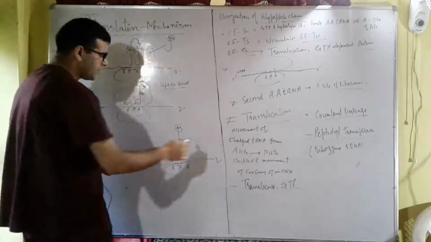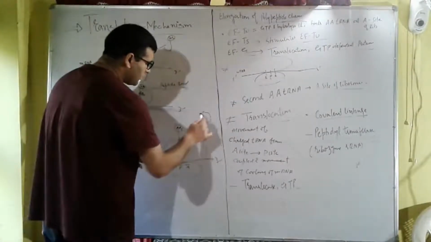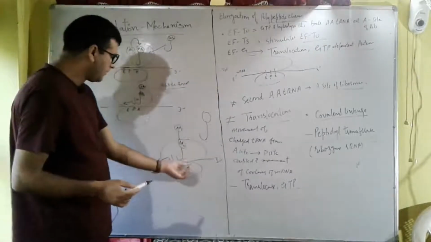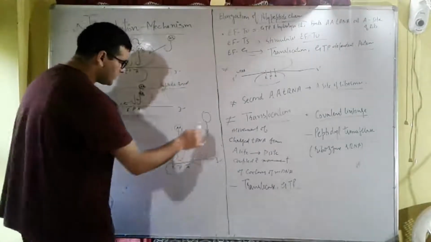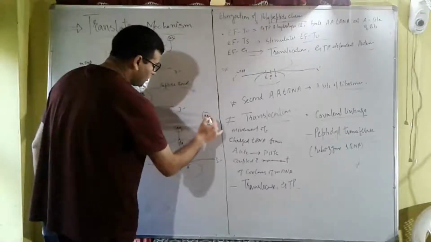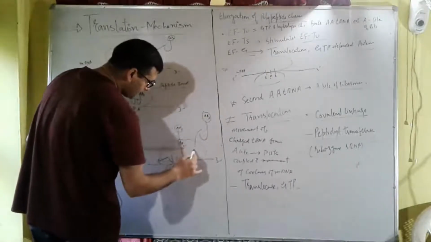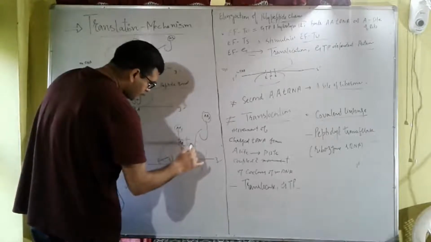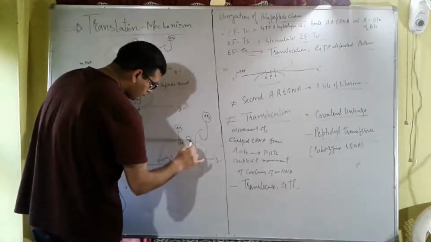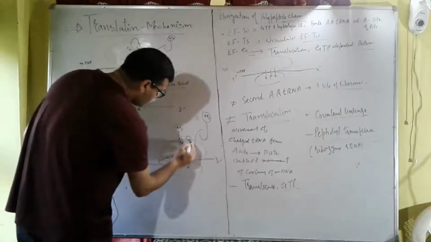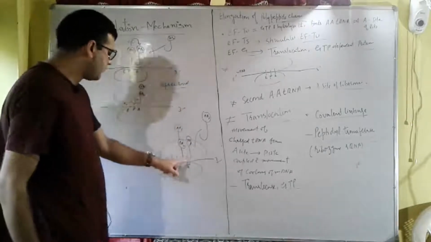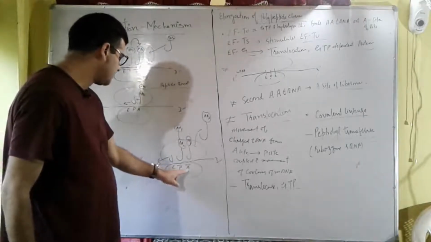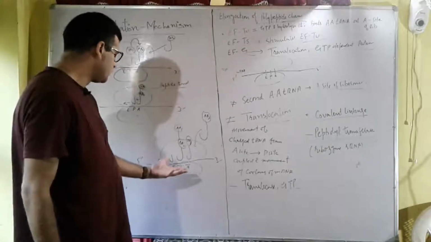Then another tRNA will arrive. This is a third tRNA. It will arrive at the ribosome at the A site. For example, it is amino acid third. Then what happens?